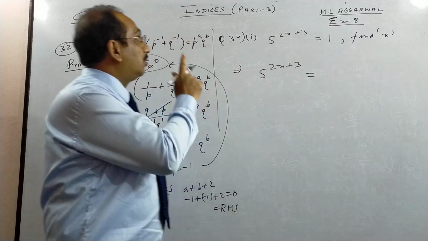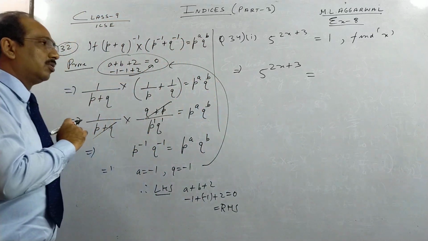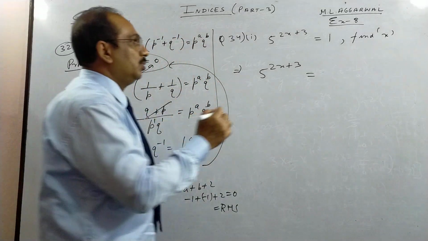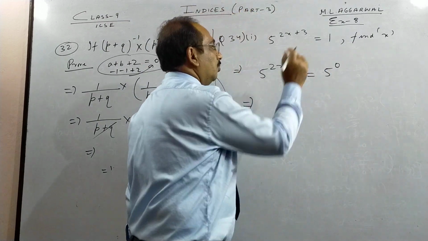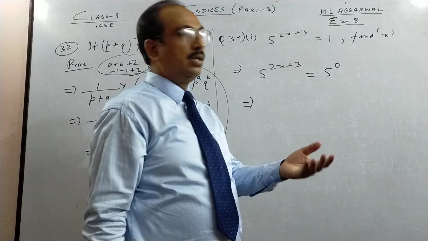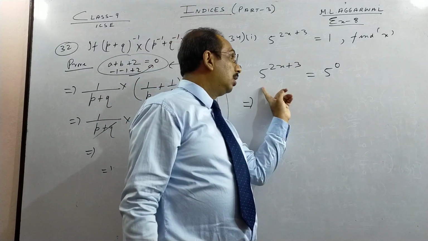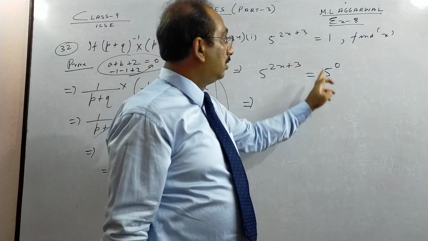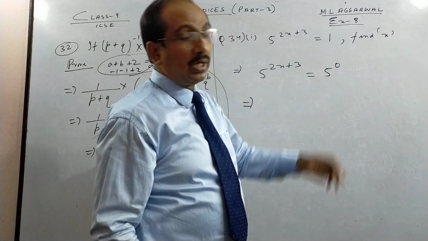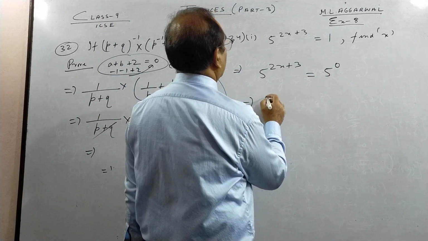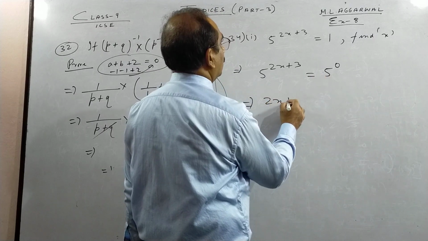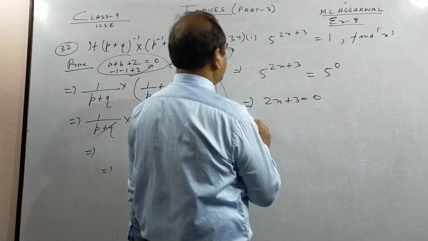In part 1 of my video, where I was giving you the concept, I told you anything to the power 0 is 1. Our basic idea is to make the bases equal. So for 1, we have to write 5 to the power 0, because anything to the power 0 is 1.